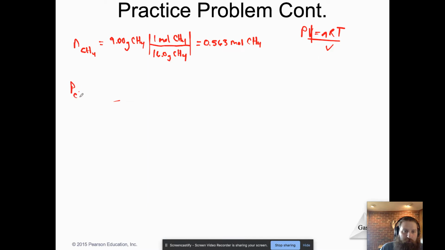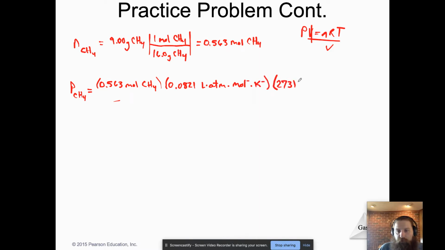So the pressure of CH4 is equal to 0.563 moles of CH4. All right. I'm still going with the same R value, 0.0821 liters times atmospheres times mole inverse times Kelvin inverse. It's still 273 Kelvin, right?